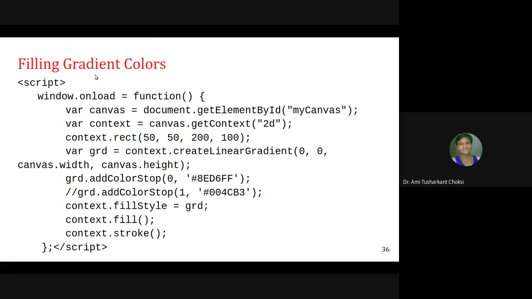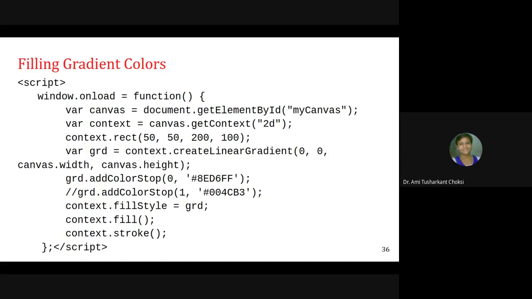Let us have the example for that. What we want is gradient colors that can be linear or radial, right? Where we can say that it is changing from one color to another. See, typically artists are using, say, light blue to dark blue to green, then you can say light green, right?